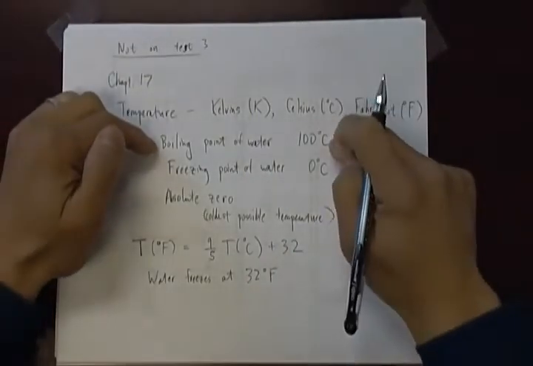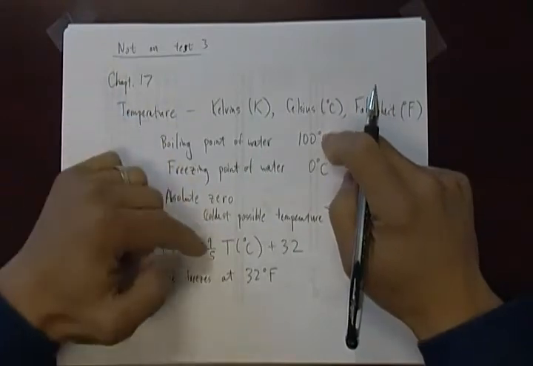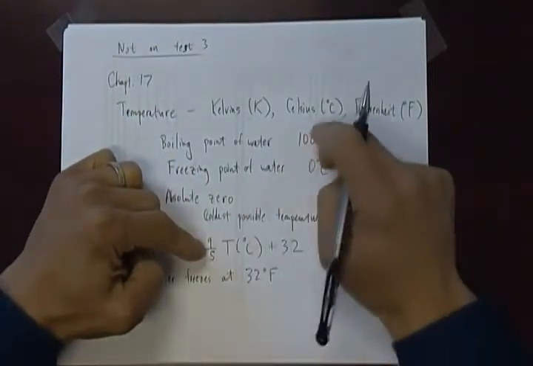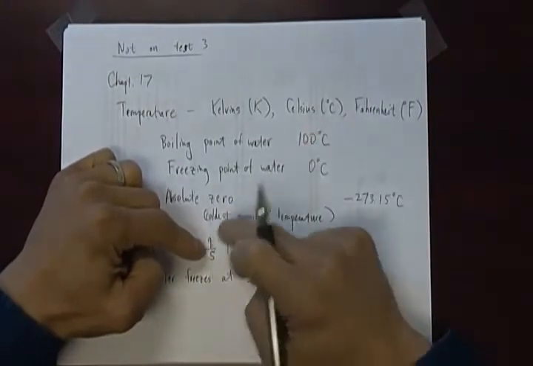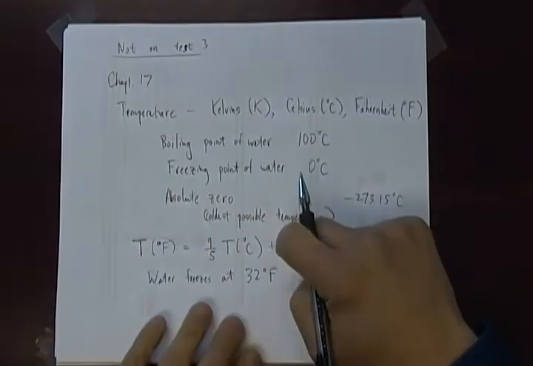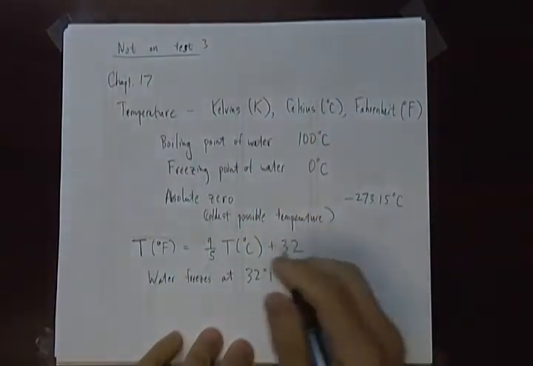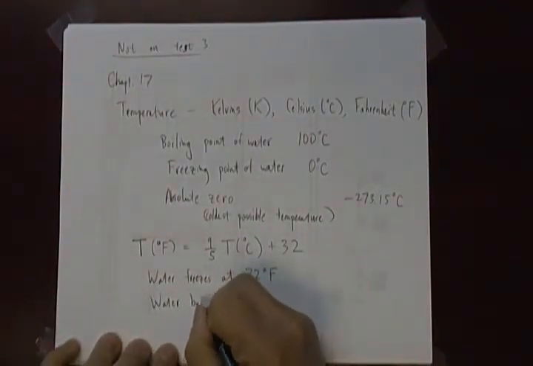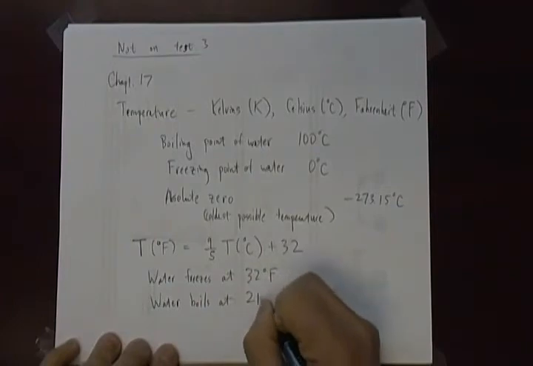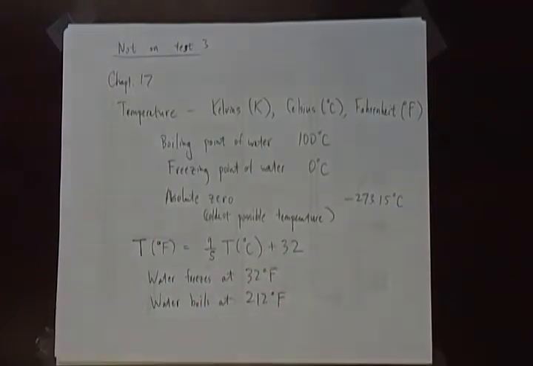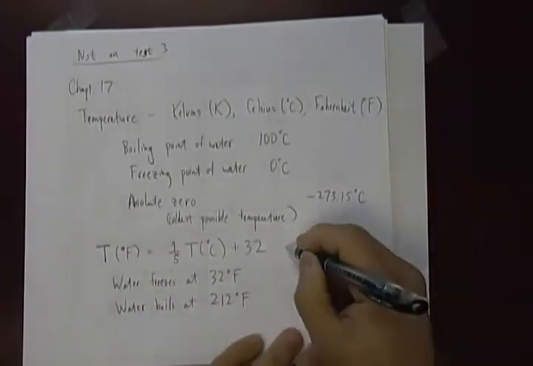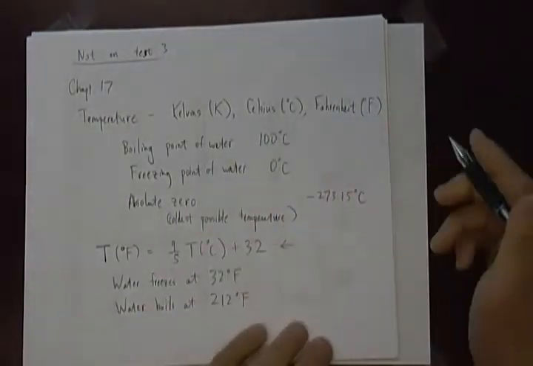And now if I take the boiling point of water, I take 9/5 of 100. That will be 100 divided by 5 is 20, times 9 is 180, plus 32 is 212. And so we find that water boils at 212 degrees Fahrenheit. Now, very often it's good to go the other way.